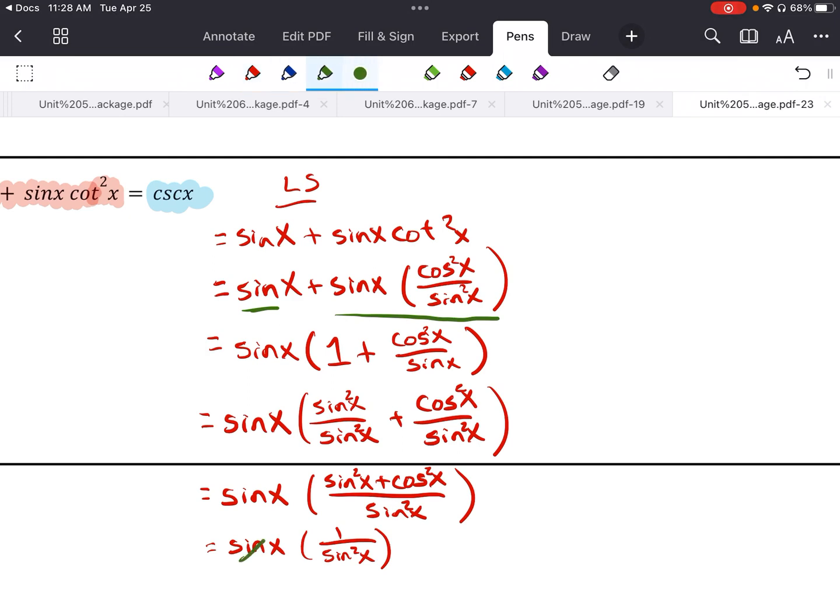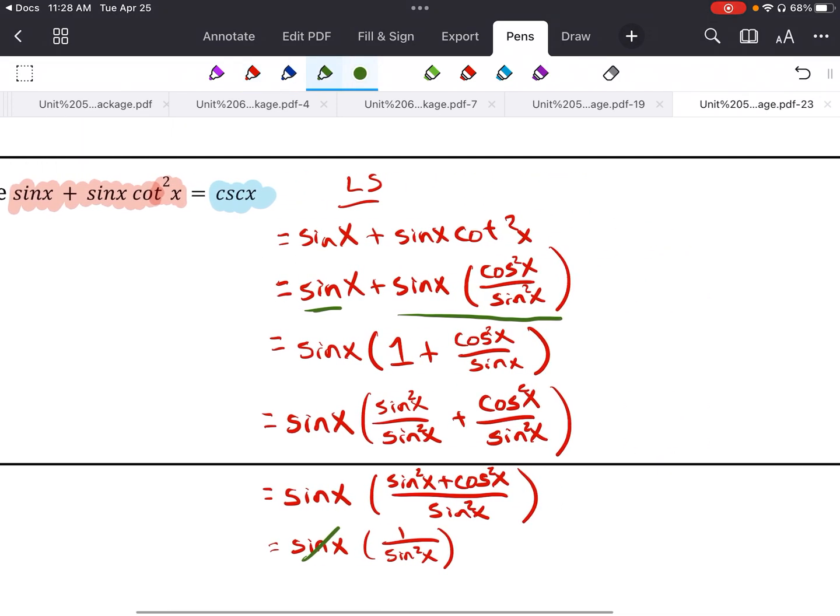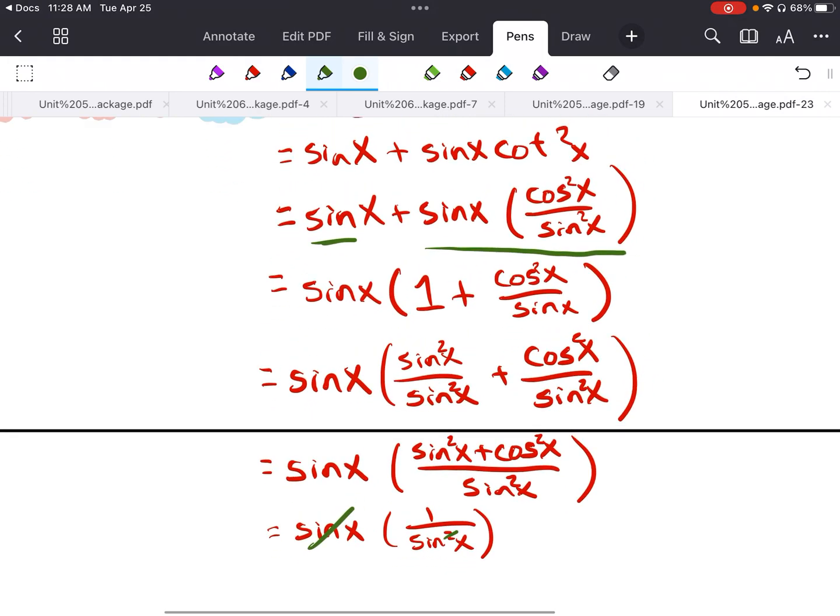And we can cross those out because sine x and one of the two sine x's inside are the same. So we end up with 1 over sine x.